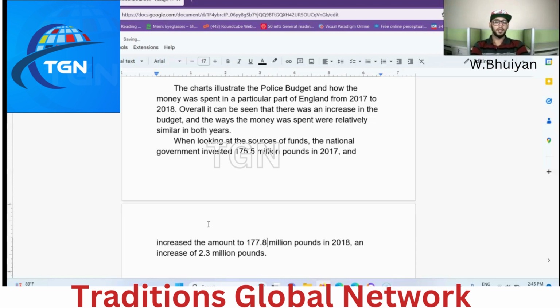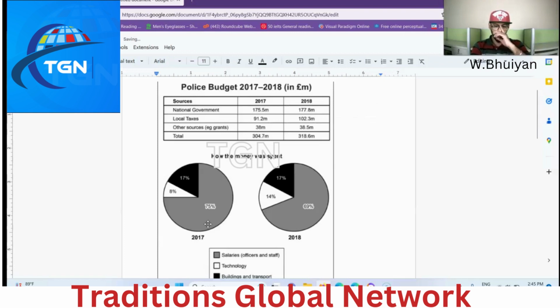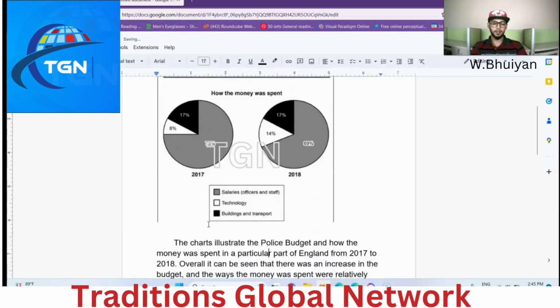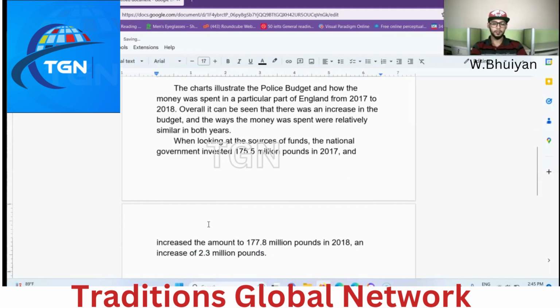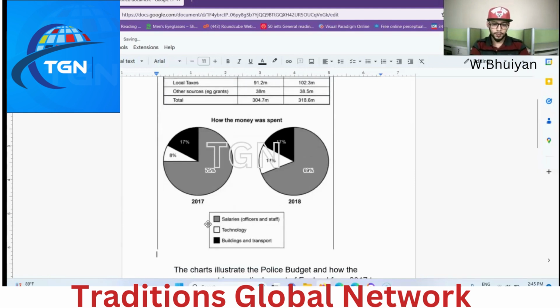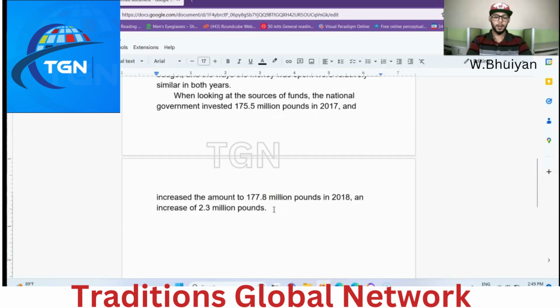Okay. Now let's look at the next one. 91.2 to 102.3. So what is that? About a 10 million increase. And this was from the local taxes. All right.